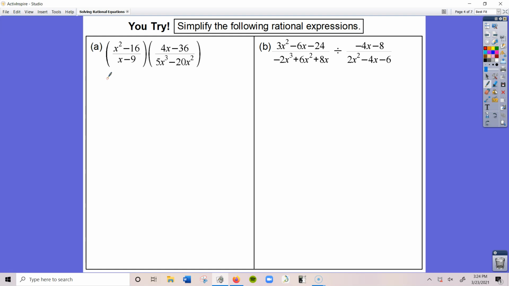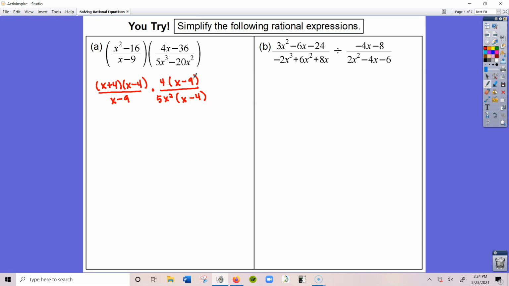So this would be x plus 4, x minus 4, over x minus 9, times, now here in the numerator, I can factor out a 4, and I would have x minus 9, all over, and here I can factor out a 5x squared, and I would be left with x minus 4.